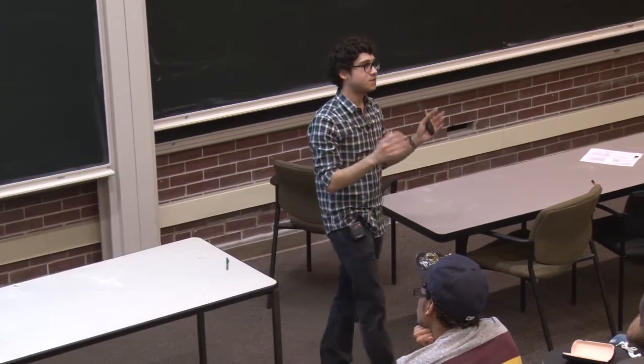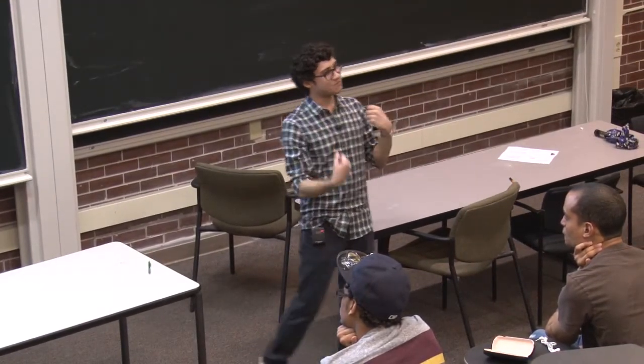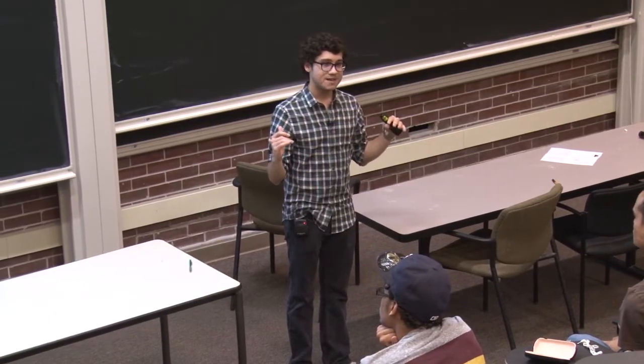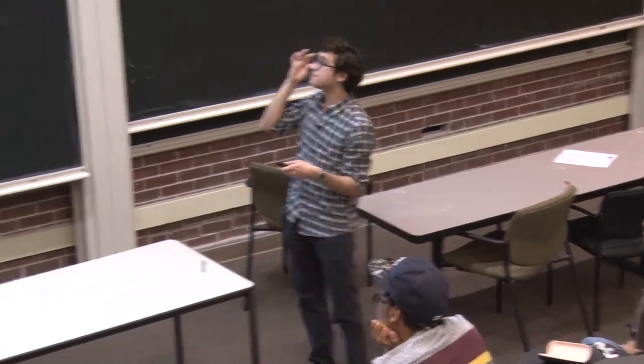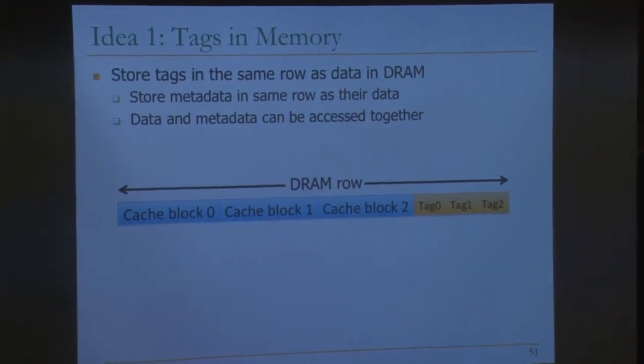Same amount of storage, same tags. It's just now it's in the memory itself. This is kind of a weird concept because we're blending the storage substrate and the data that manages the storage substrate all into one. But it's possible to do. The idea is to store the metadata in the same row as their data.